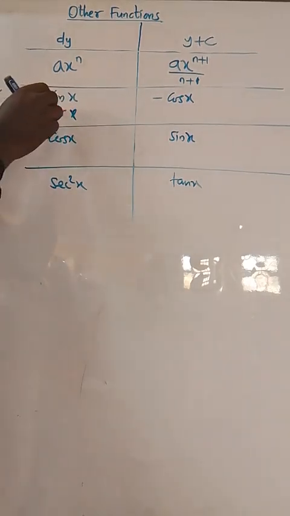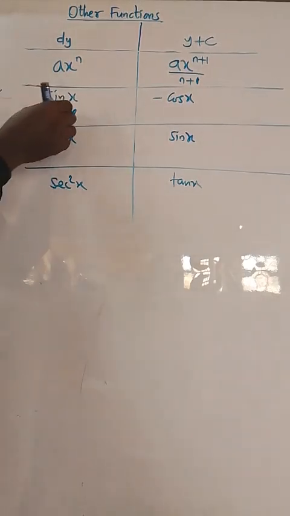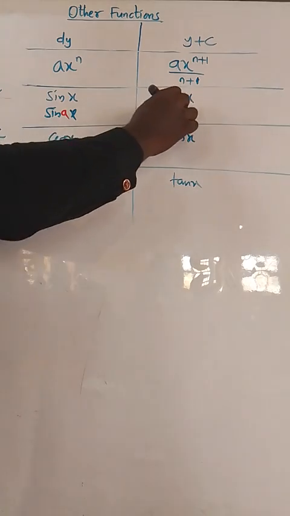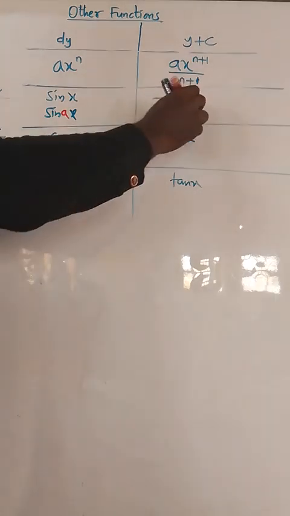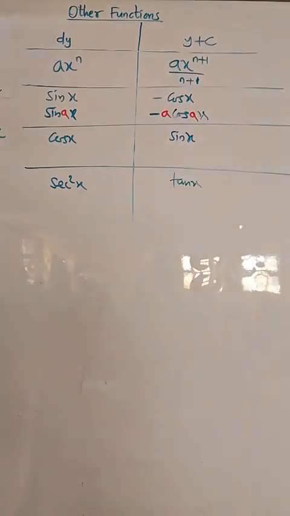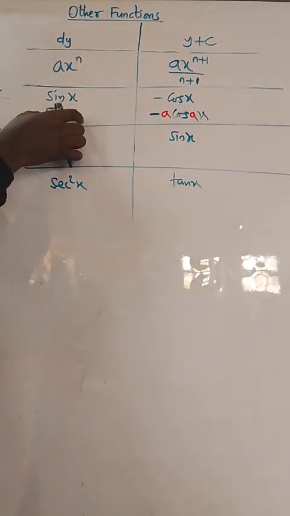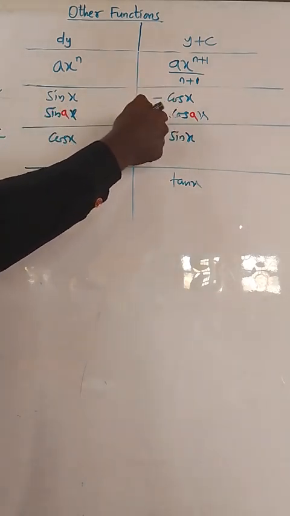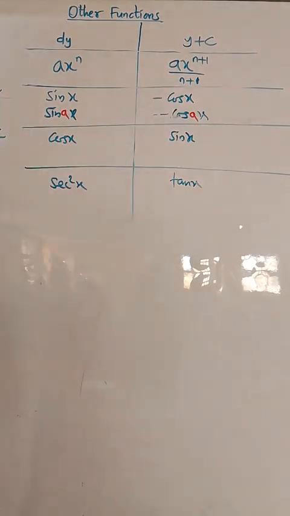What if we have sine ax? If we integrate this function, the answer will be minus a cos ax. Right? Not right. This is wrong. We have to integrate the whole. If we integrate the whole, the answer will be minus cos ax. But this time around, we will not multiply, we will divide.